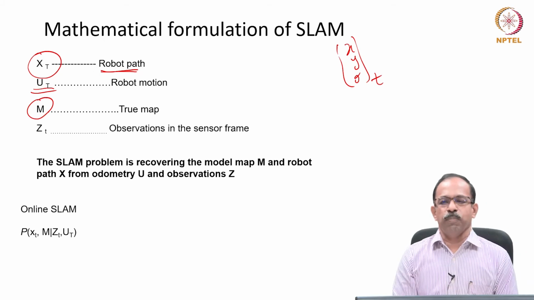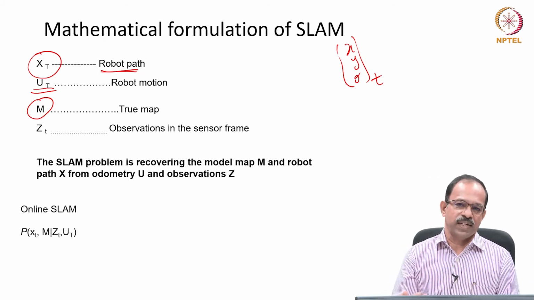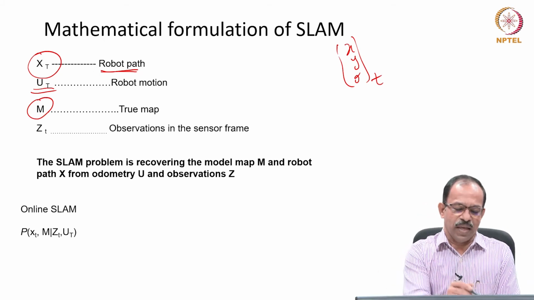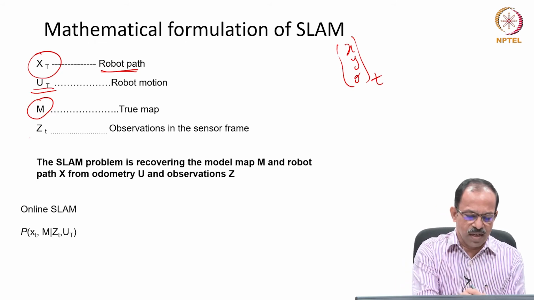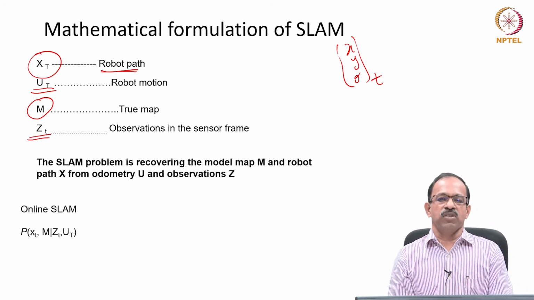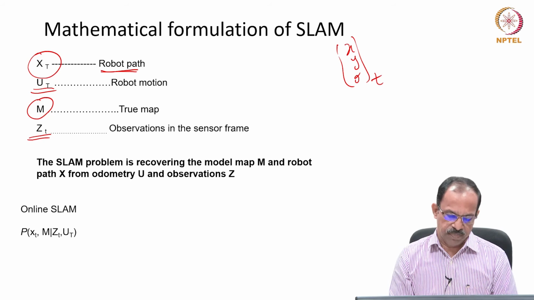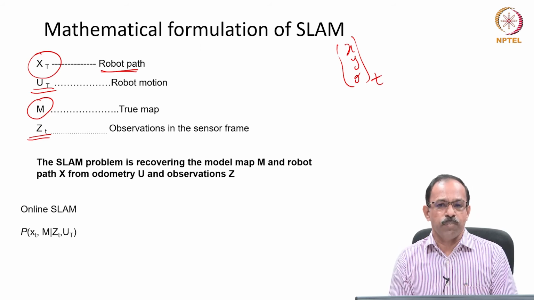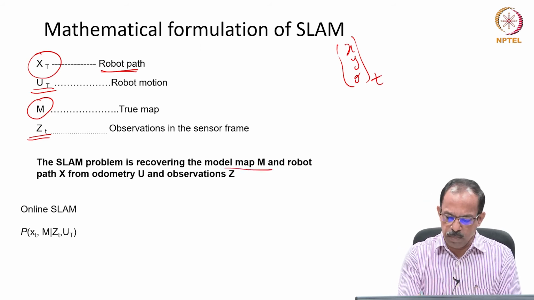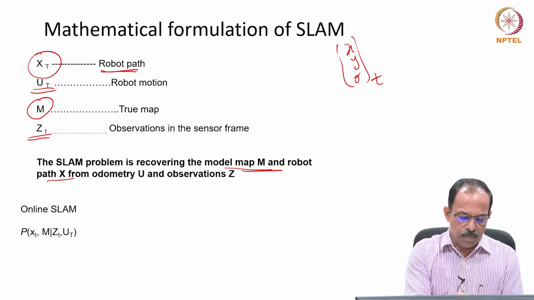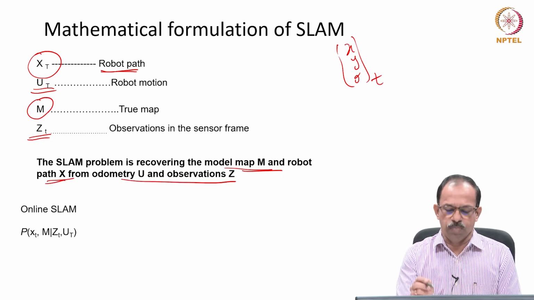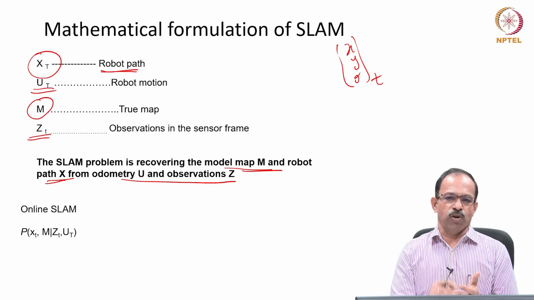And then we have M, which is the map of the environment, the map which is being created by the robot, and zt is the observation, what the robot is seeing in the sensor frame. So, the SLAM problem is to recover the model map M and path X from odometry and observations. So we have only odometry and observations.